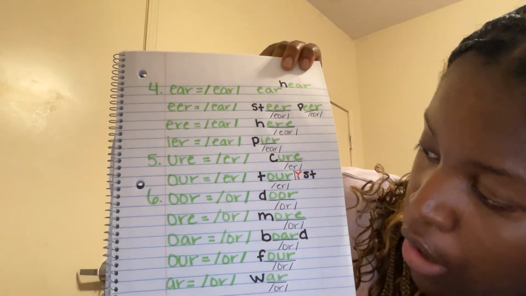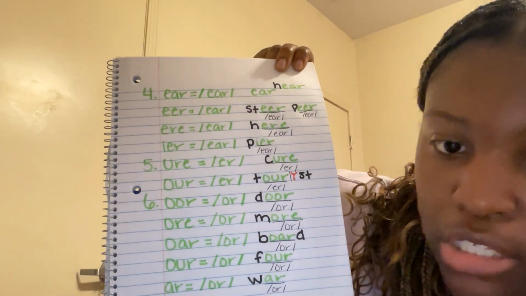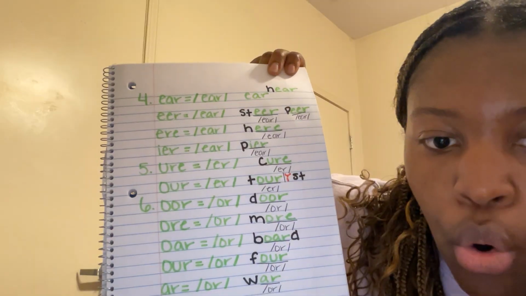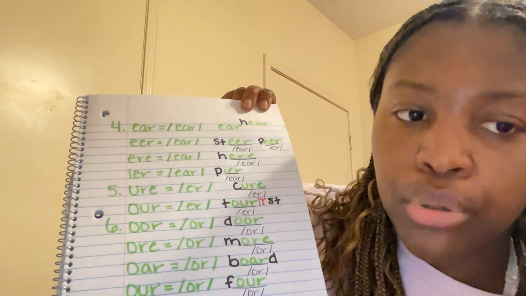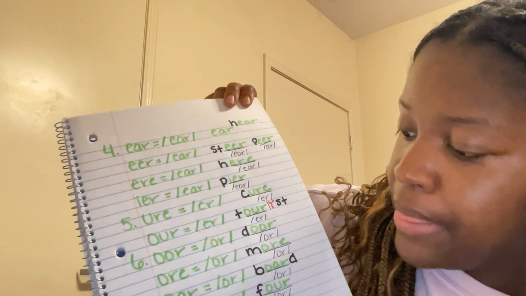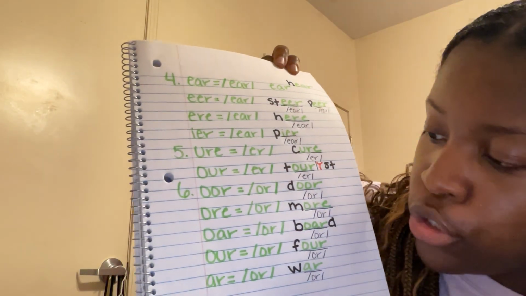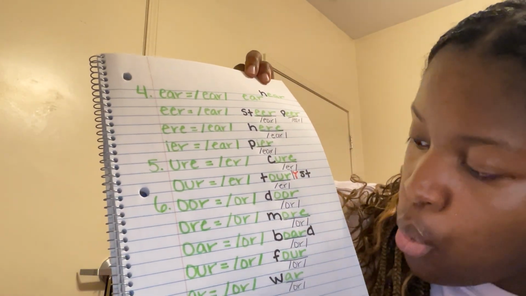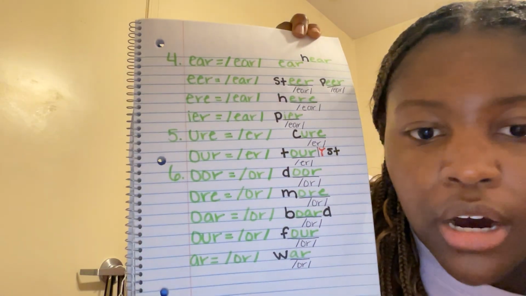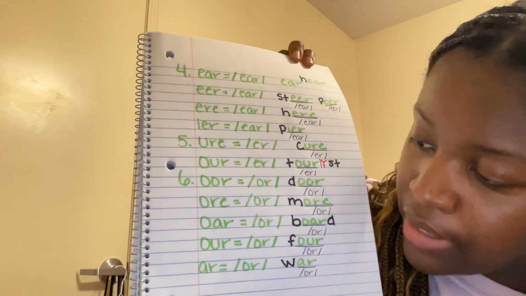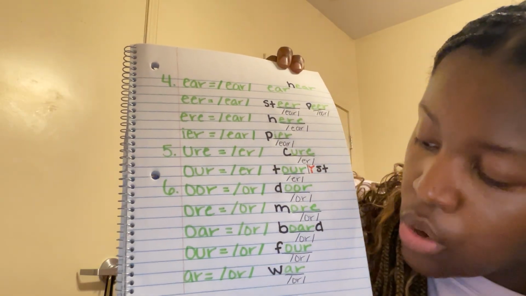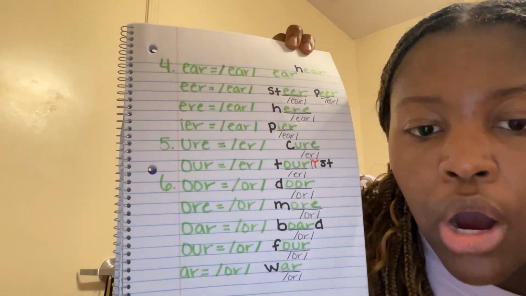Next, I have OAR that says or, like in board, like a whiteboard. And then next, I have OUR that says or, like in the number 4. And then I have AR that says or, like in or.